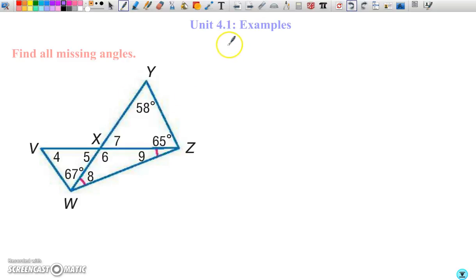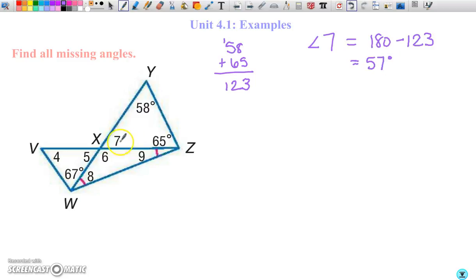So we take 58 and add 65 to it, which gives us a total of 123. To find angle 7, we do 180 minus 123, which is 57 degrees. So angle 7 is 57 degrees.